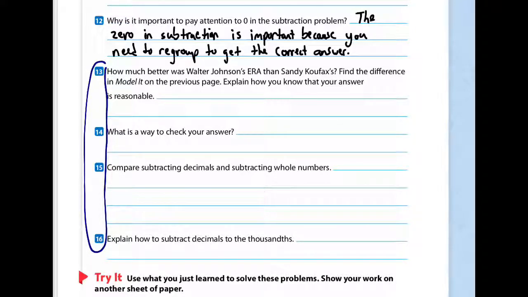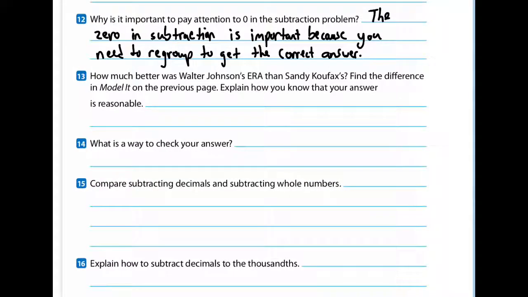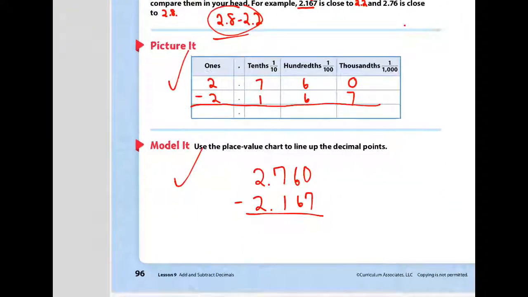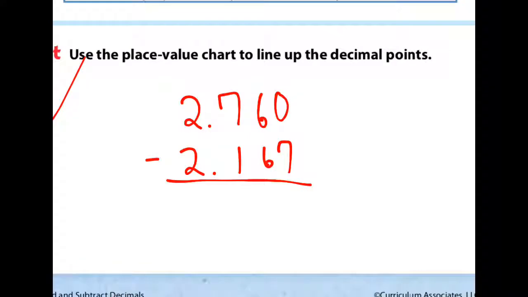All right, let's see how you did. So in 13, it says, how much better was Walter Johnson's ERA than Sandy Koufax's? Find the difference and model it on the previous page. Explain how you know that your answer is reasonable. So I'm actually going to go back and solve on the bottom here, and we'll see if you got the same answer. So remember that 0 is important because you can't do 0 minus 7. So I borrow from the 6, make it a 5. 10 minus 7 is 3. Can't do 5 minus 6.